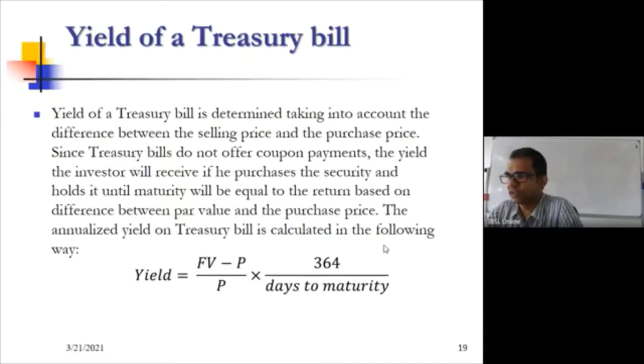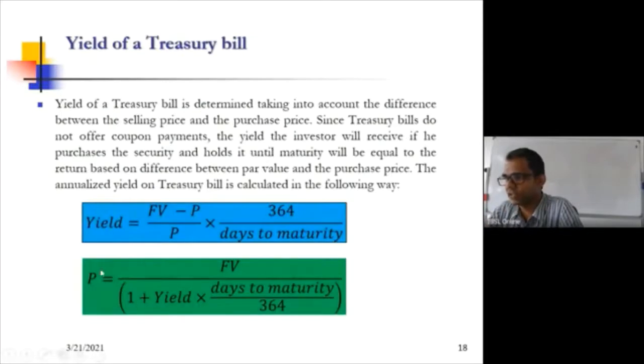Okay, now looking at this equation, tell me what would happen to the price if the yield increases. Price should go down. If days to maturity increases, with yield constant, that means same yield but two different maturities.